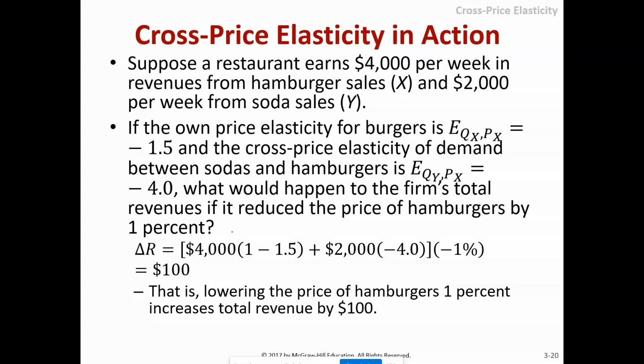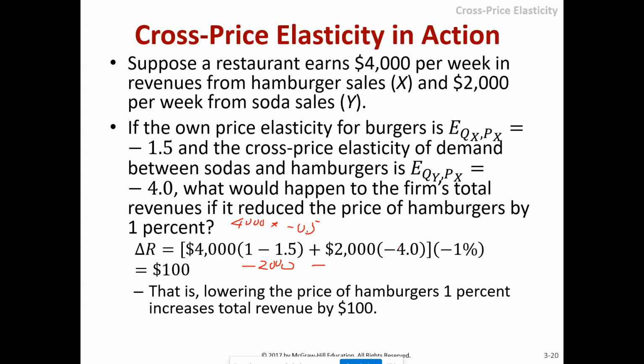Did you figure it out? So here 1 minus 1.5 is negative 0.5. So 4,000 multiplied by negative 0.5 is negative 2,000.